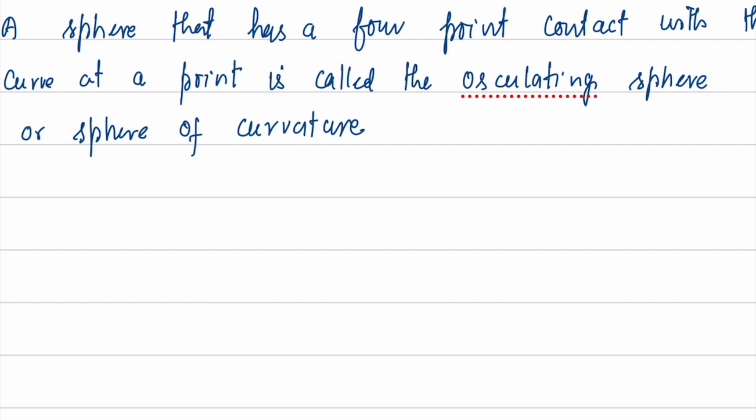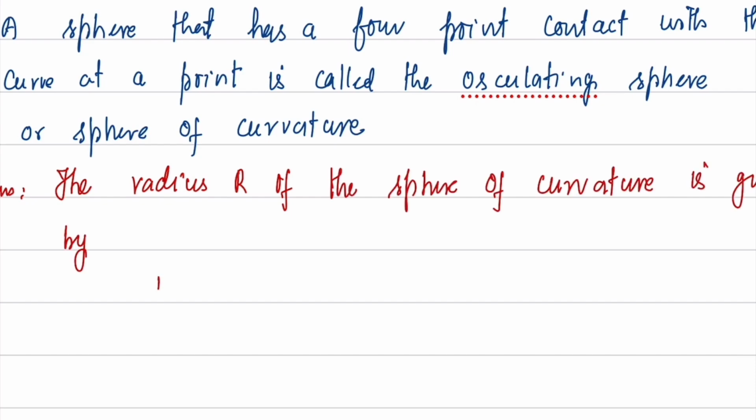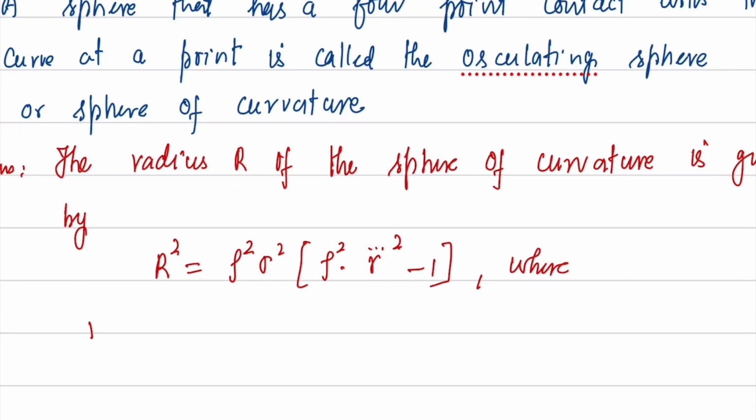Now a result regarding this sphere of curvature: the radius r of the sphere of curvature is given by r square equal to rho square plus sigma square into (rho square times the third derivative of r) whole square minus 1, where r of t equals x of t, y of t, z of t is the given curve.